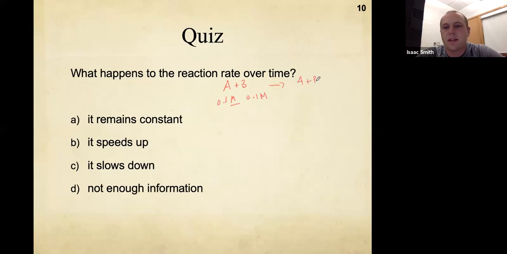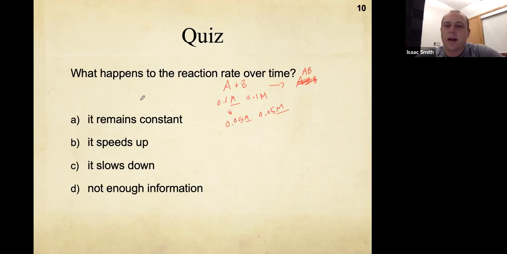And we're going to be forming AB. Well, after some time, let's say half of this reaction happens, then your new concentration would be 0.05 molar and 0.05 molar, right? So after some time, your concentration of reactants has lowered.